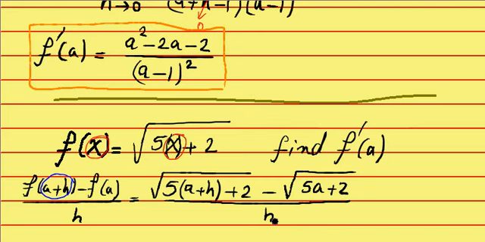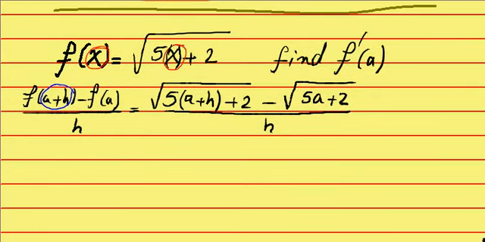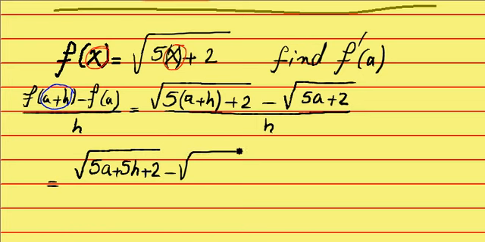Okay, we have seen this situation about a dozen times so far. You're handling difference of radicals. You use the product or conjugate identity to get rid of the radicals in this place, but at the cost of making it show up somewhere else. So radical 5 times, I might open this one as well, 5a plus 5h plus 2 minus radical 5a plus 2, divided by h.